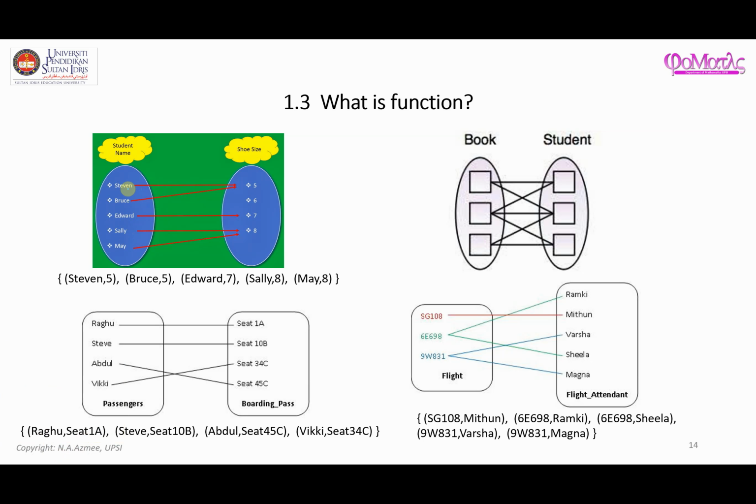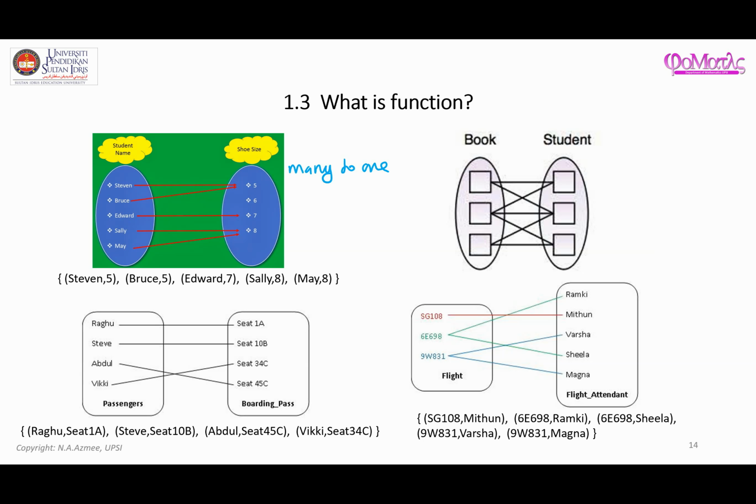Stephen here has a size of 5, and similarly, Bruce here also has a size of 5. So this is an example of a relationship that is many to one. Two people can have a similar shoe size.